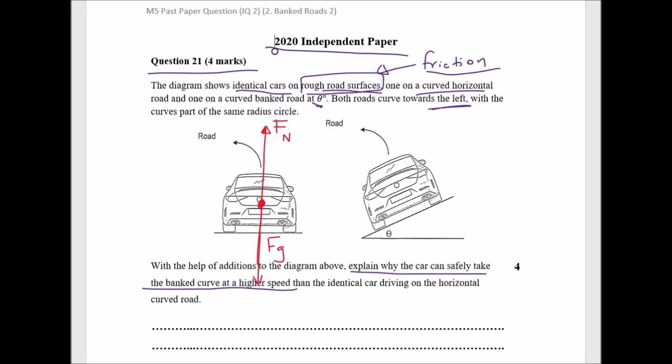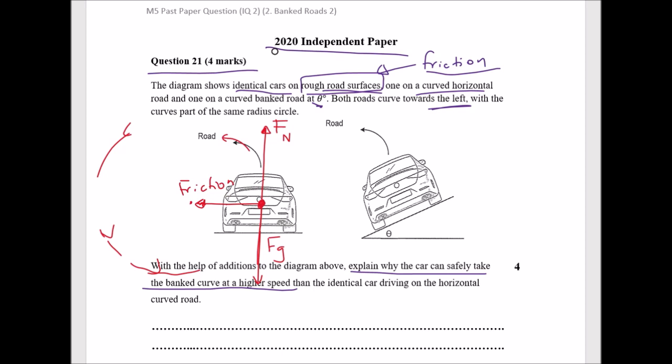Because the car is turning to the left, the friction force is also towards the left, because that's the thing that maintains the circular motion. That allows the car to have that circular motion, so it needs to be towards the center point. And that's how you draw the first one.